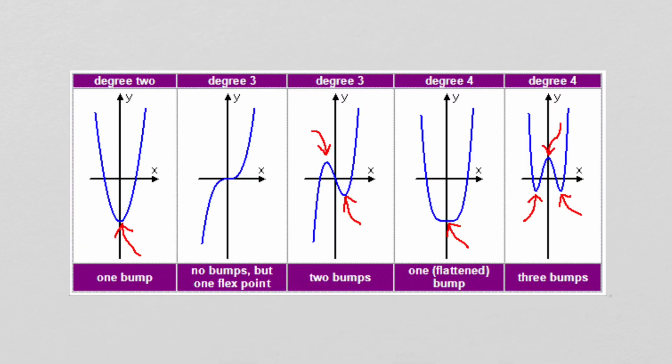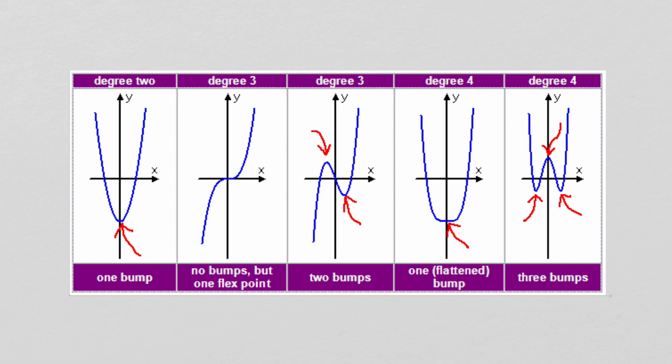So for a degree 2, there's going to be one bump, or x squared. That makes sense, a parabola. For degree 3, you're going to have just a graph of y equals x cubed. And then another degree 3, depending on how it is, you could have 2 bumps.